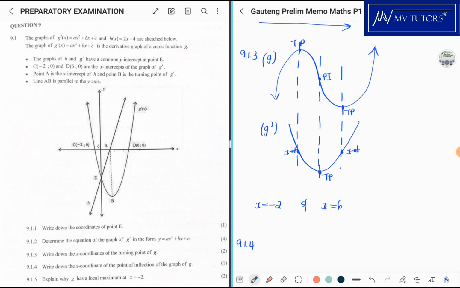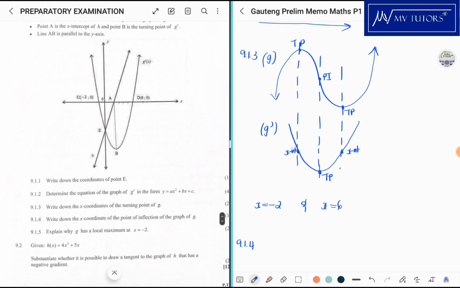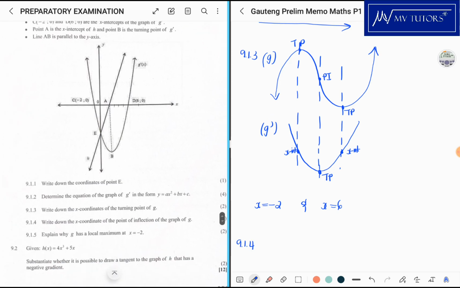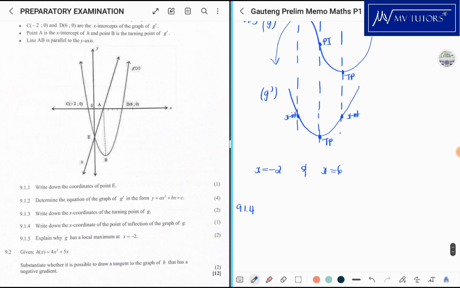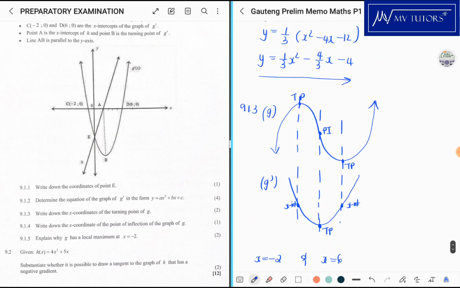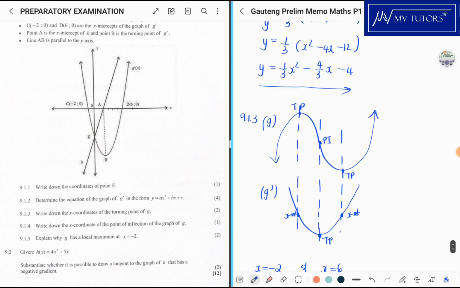Now 9.1.4. It says write down the x coordinate of the point of inflection of the graph of G. The point of inflection is here. And remember, the x coordinate is equivalent to the x coordinate of the turning point of g prime. So x there is minus b over 2a. And what is minus b?